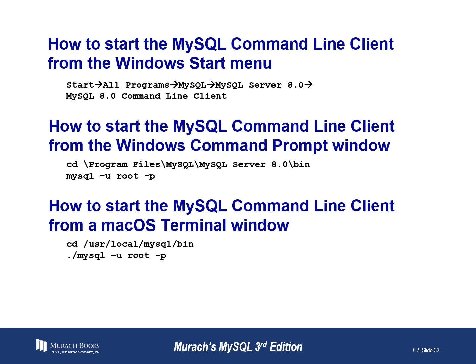You enter these two commands, and then it will prompt for the password, and then just enter the password and you're in. You should see the mysql prompt, that greater than symbol, and then you can just start typing your commands.